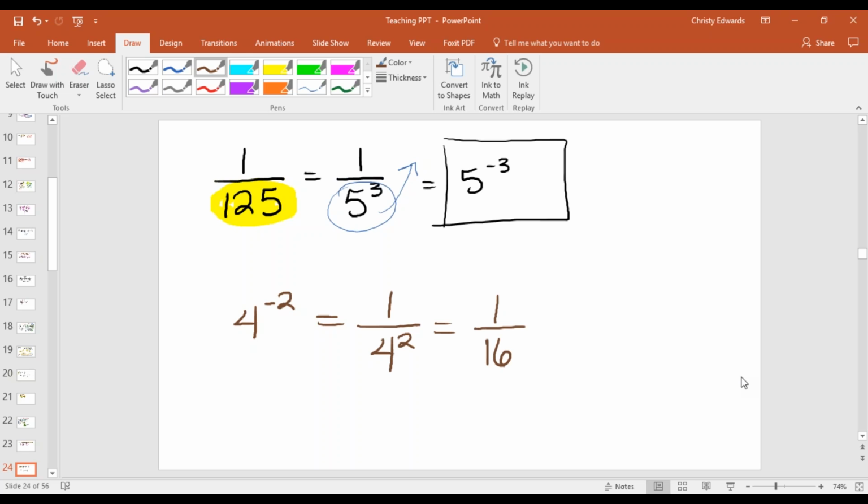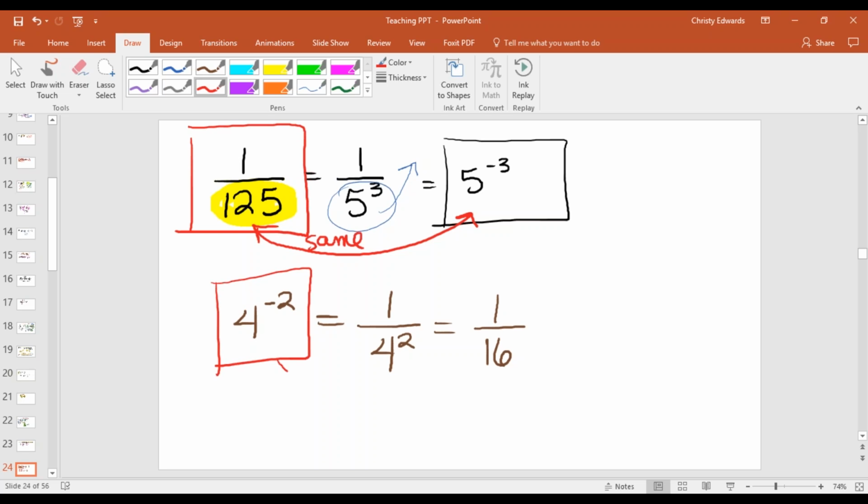The thing I think is so interesting here is whatever you start with and end with, these are actually the same. They basically mean the same thing, but look how different they look. 4 to the negative 2 is actually the same as 1 over 16, but look how different they look. But they really mean the same thing. So as this homework may get you good at moving back and forth, the goal really is, do you understand that these are the same as each other?